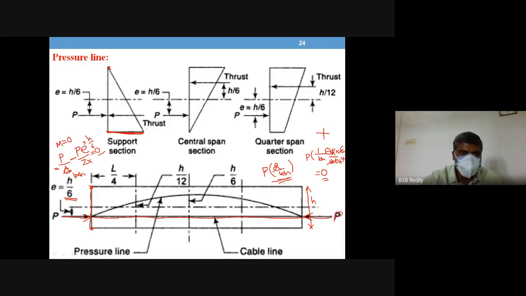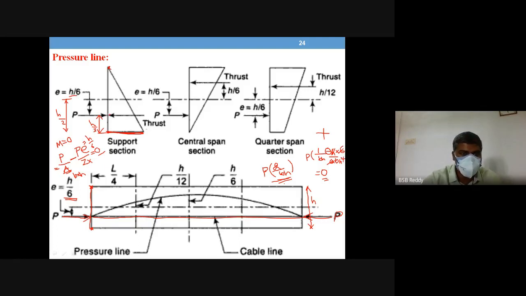So now you find the CG of this triangle. Okay, where will be CG of the triangle? H by 3 from base. I mean this is H by 3 CG. Okay, this is H by 3. Okay. What about this one? Half of the H, that is H by 2. Okay. What is eccentricity? H by 2 minus H by 3. Okay. That is H by 6.